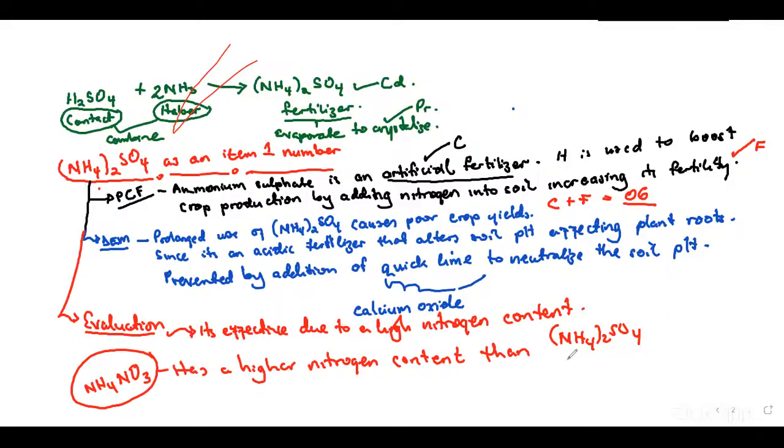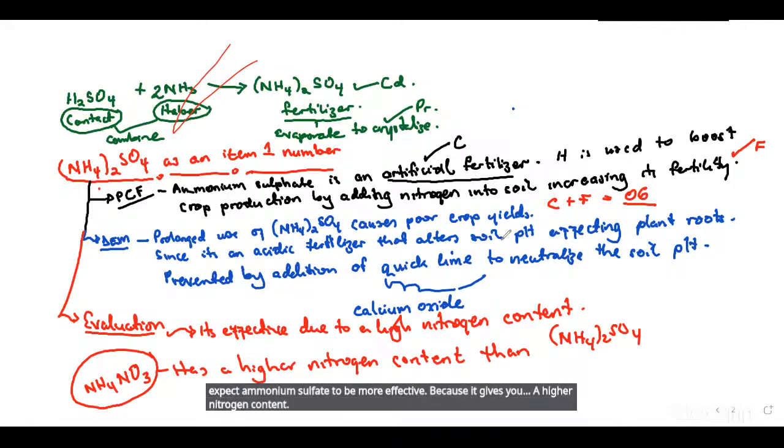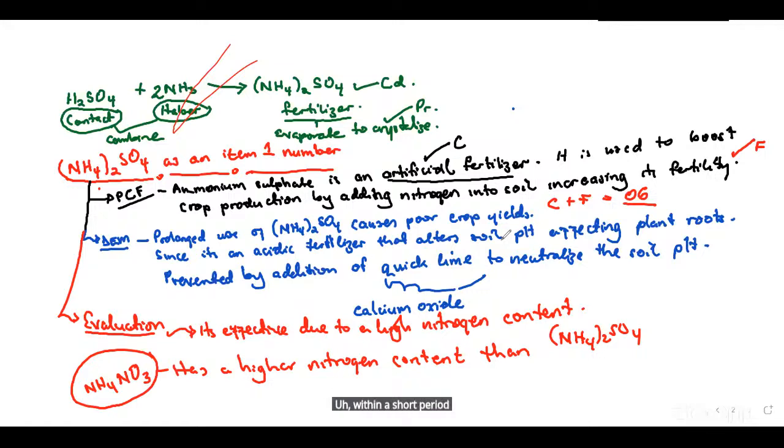Thus, it would be better. Ammonium nitrate is better than ammonium sulfate. But if it is compared with local content, expect ammonium sulfate to be more effective because it gives you a higher nitrogen content within a short period of time.